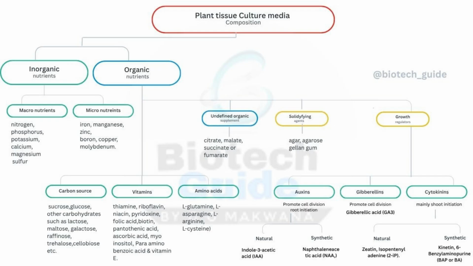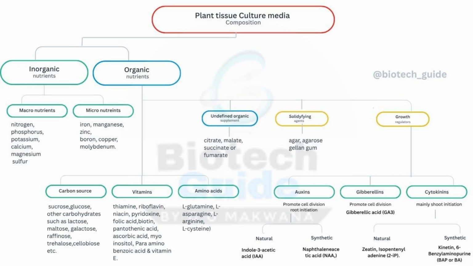Then undefined organic supplements, compounds like citrate, malate, succinate or fumarate, sometimes give an extra edge. Then solidifying agents, substances like agar, agarose, gel and gum turn liquid media into a gel, providing support to the plant tissue. Growth regulators: auxins, gibberellins, cytokinins.